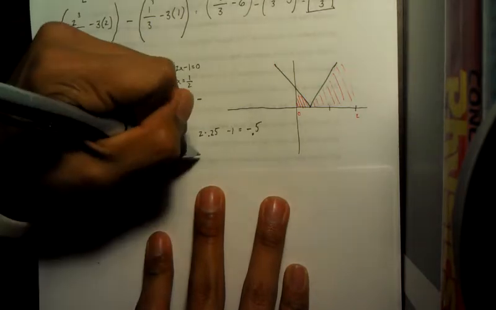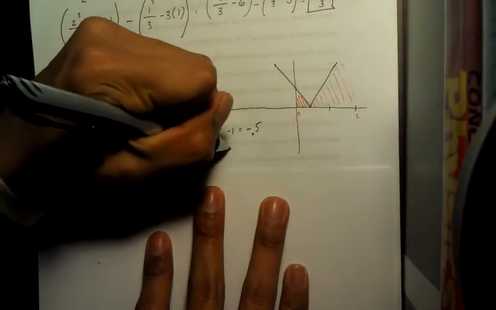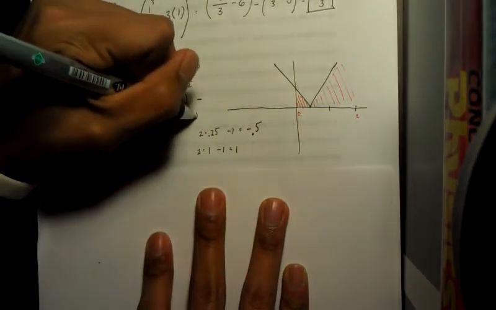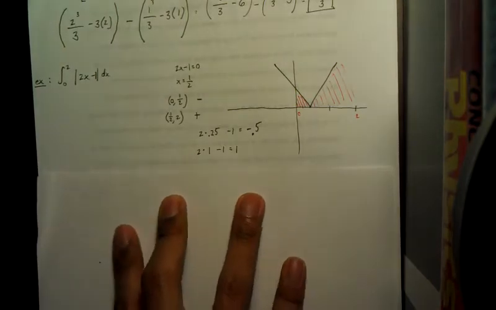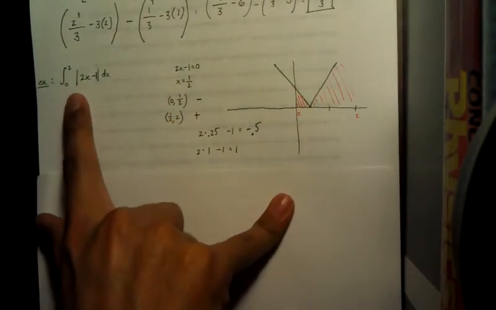Let's try plugging in a 1. So 2 times 1 minus 1, that equals 2 minus 1, which is just 1. That's a positive.